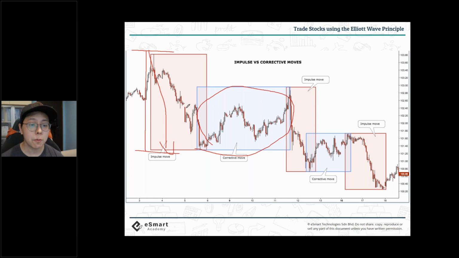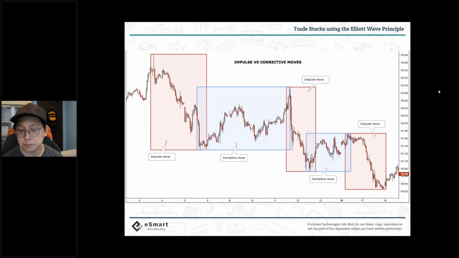So from a magnitude point of view, one is strong in momentum, the other is a little bit less. And vice versa, you take a look at the subsequent move. You can see over here this is very fast, the duration is short. This one here, you can see the move is small, so that itself becomes a correction. Of course, not all charts look so ideal.